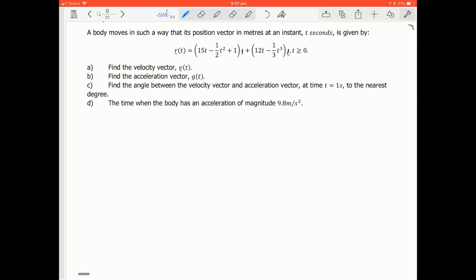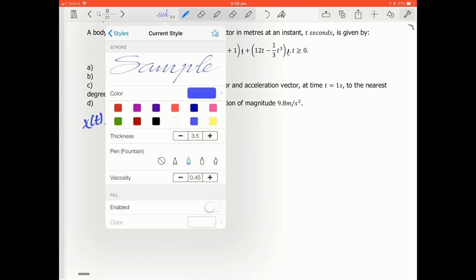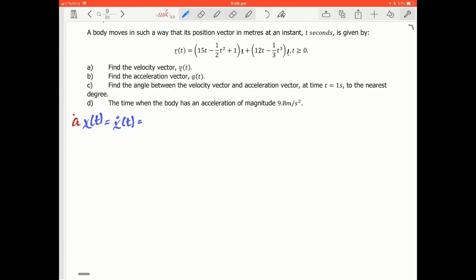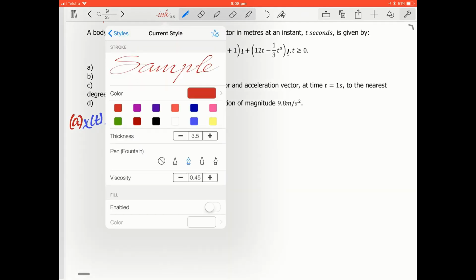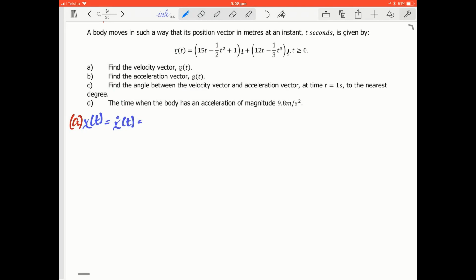Okay, a body moves in such a way that its position vector in meters at an instant t seconds is given by r of t is that. Find the velocity vector, so we know v of t is equal to r dot of t. I like to remind us of that because in exams, generally they give it as r dot as opposed to v of t. Okay, so if we derive this first equation, we end up with 15 minus t i.